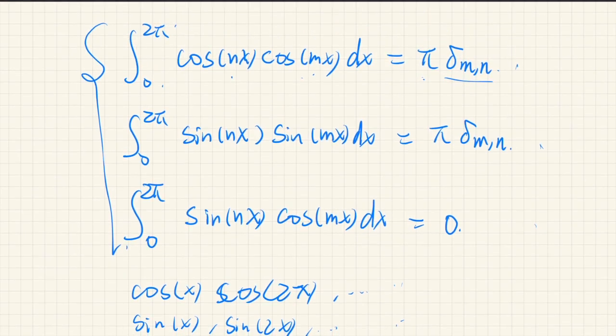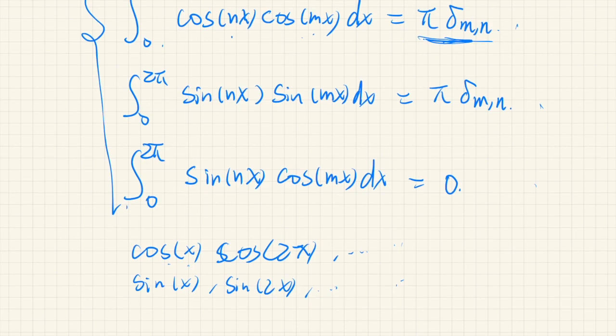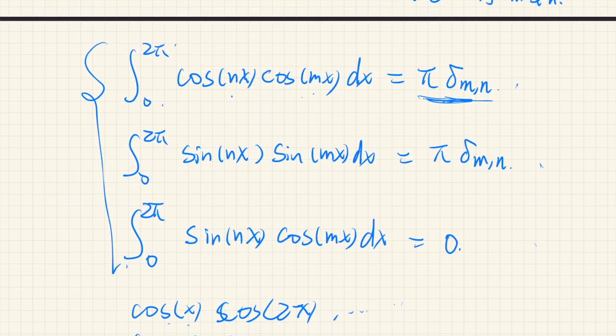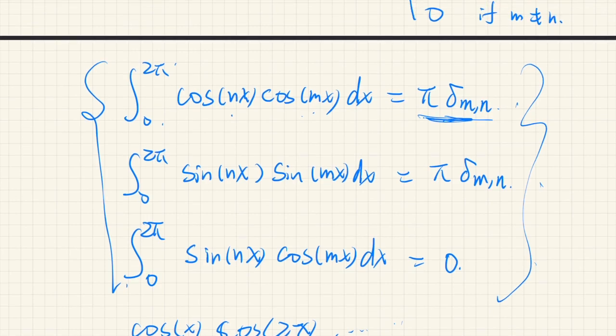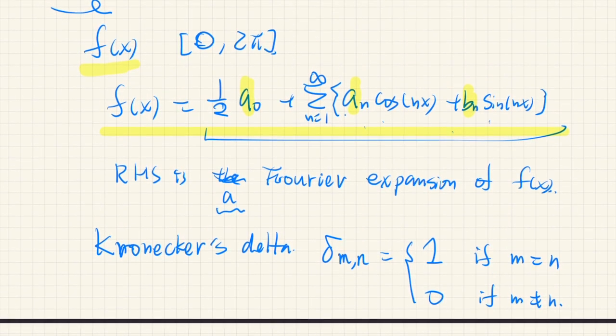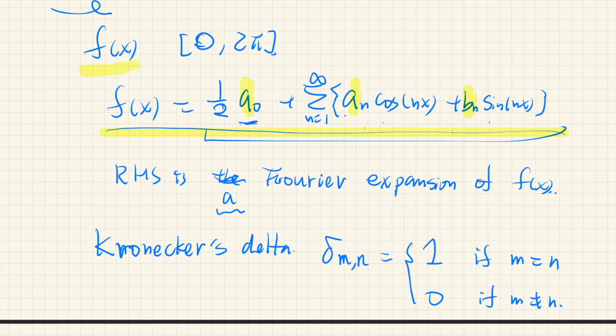If they are equal, then this is 1, and otherwise they are orthogonal, so they don't overlap. Using these properties, we can determine the coefficients in this Fourier expansion.